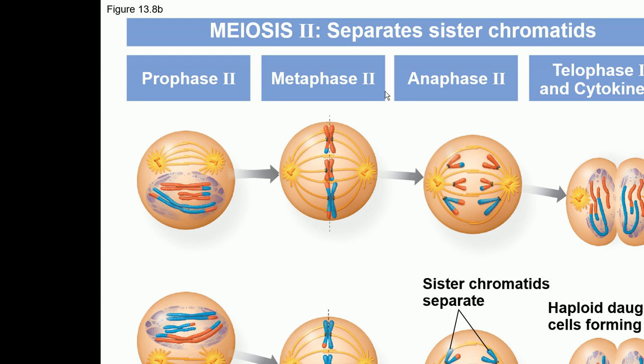And in anaphase 2, it is the separation of sister chromatids, just the way it is in the anaphase of mitosis, followed by telophase and cytokinesis. So this cell will form two cells, this cell will also form two cells. So in total, from one cell, 4 haploid unique gametes are formed.